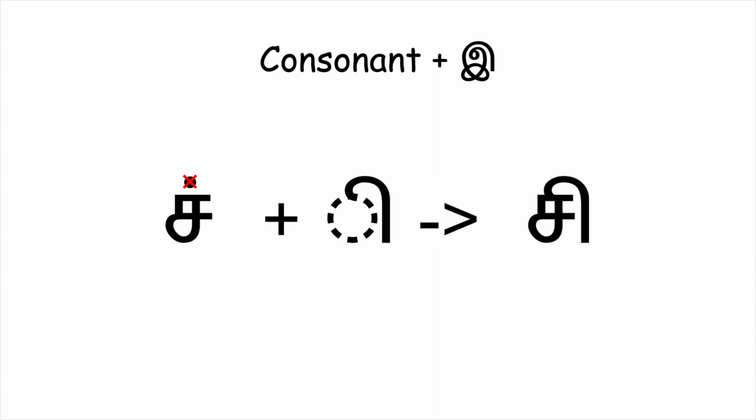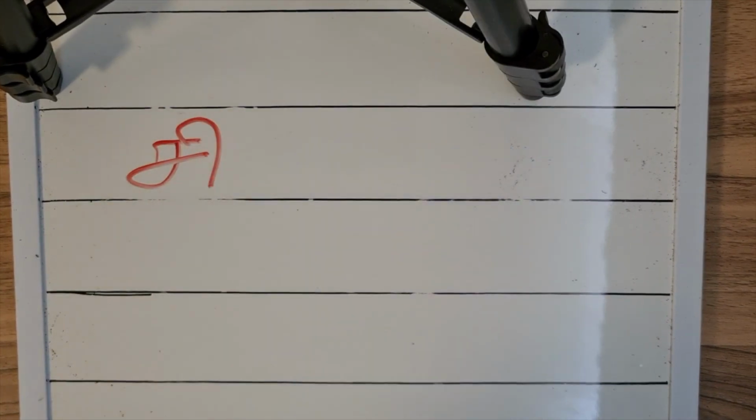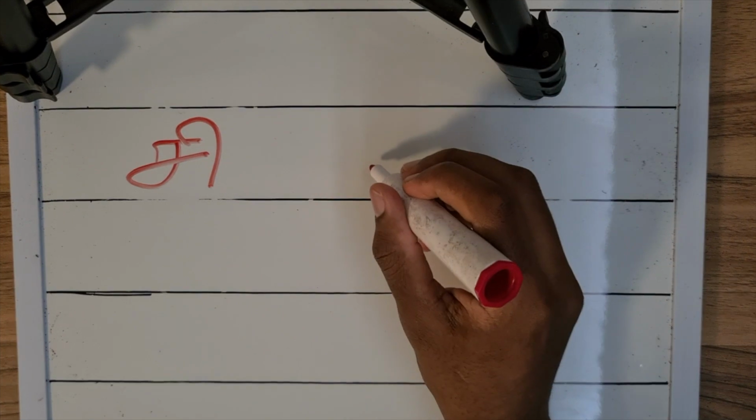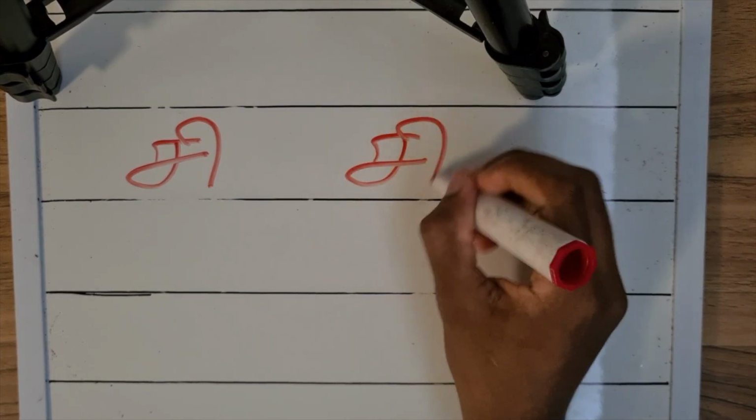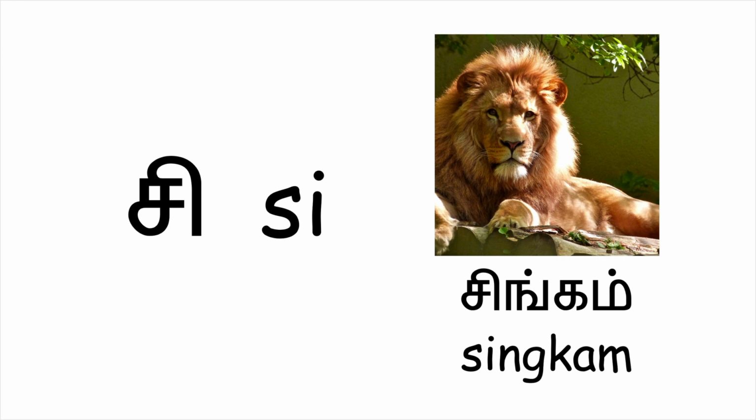Let me show you how to write si. An example word that starts with si is singam, which means lion.